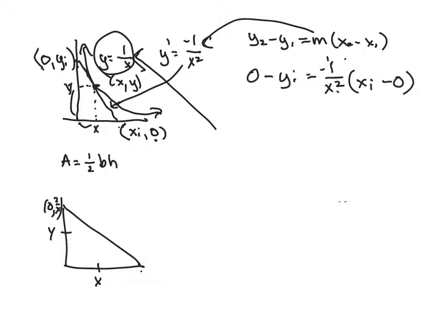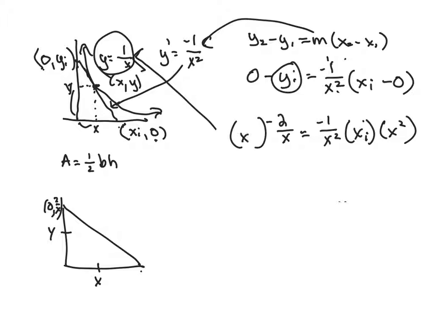Okay, and then we know that the y-intercept is 2 over x. So I'm going to substitute that. -2 over x equals -1 over x squared times the x-intercept. I'm going to go ahead and multiply both sides by x squared because I want to get rid of the fraction, and that's going to cancel that out.